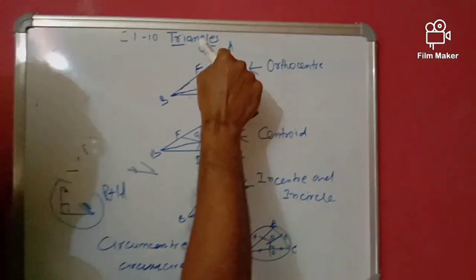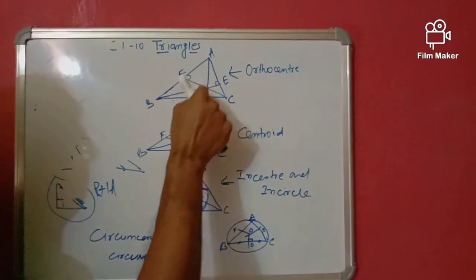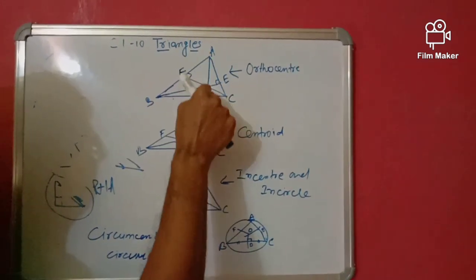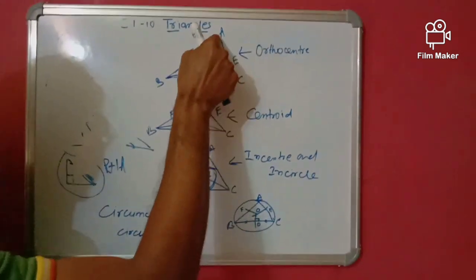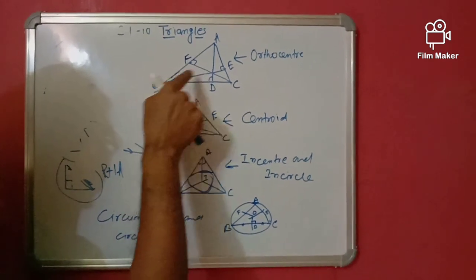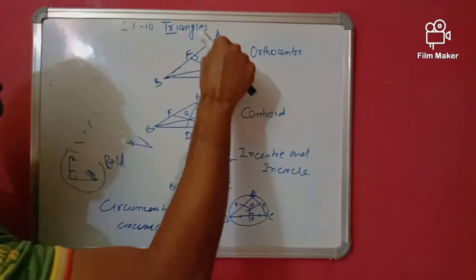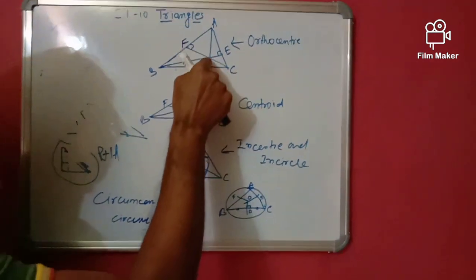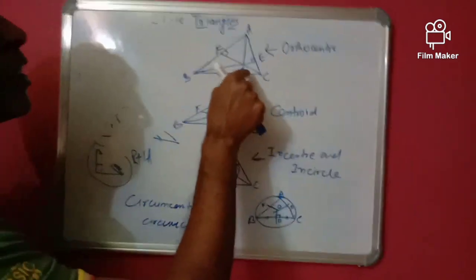AD is perpendicular to BC, and CA perpendicular to AB, and BE perpendicular to AC. Three perpendicular lines pass through one point. This point, the concurrent point, is known as the orthocenter of the triangle. A triangle has three altitudes.